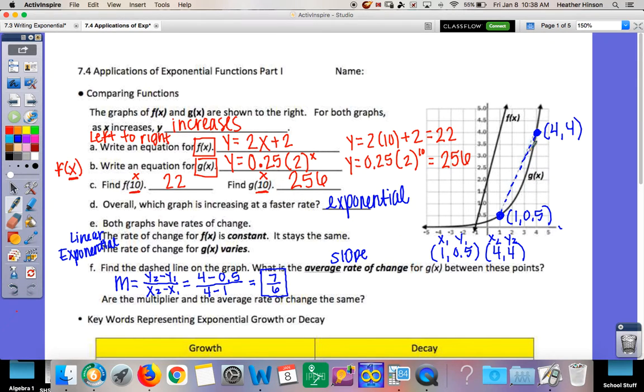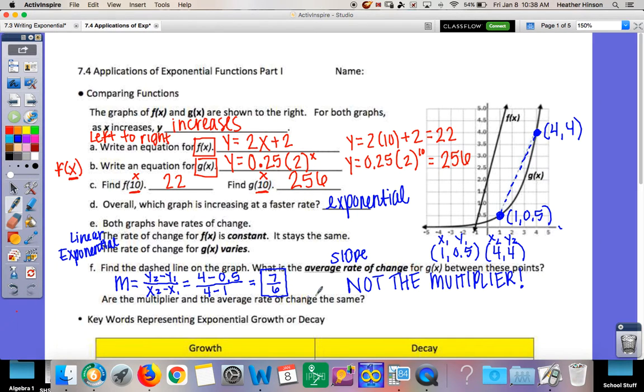Now, your average rate of change on exponential is not your multiplier. That will never be the multiplier. That's completely different. The average rate of change is just rise over run. The multiplier is the growth or decay factor, what it's multiplying by. So those are not the same thing.